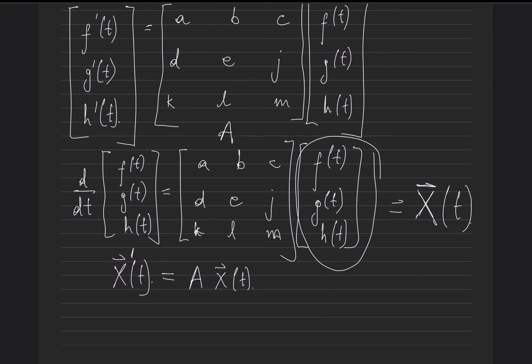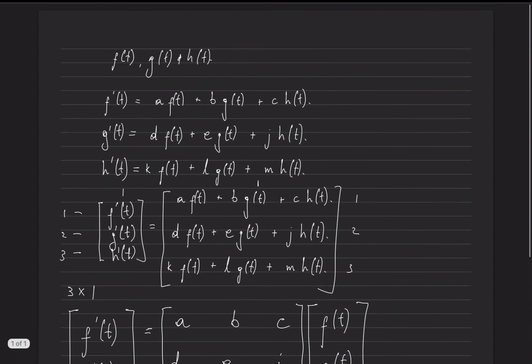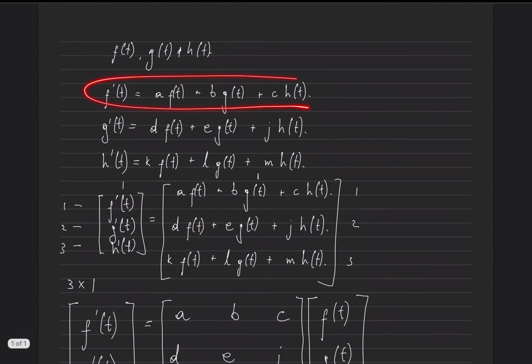This is where this idea of a system of linear equations, a homogeneous one that is, where these equations arise from. It's that you are starting off with individual equations, but these equations have functions that are interdependent. This derivative of f somehow is related to g and h, and the derivative of g is also related to f and h.